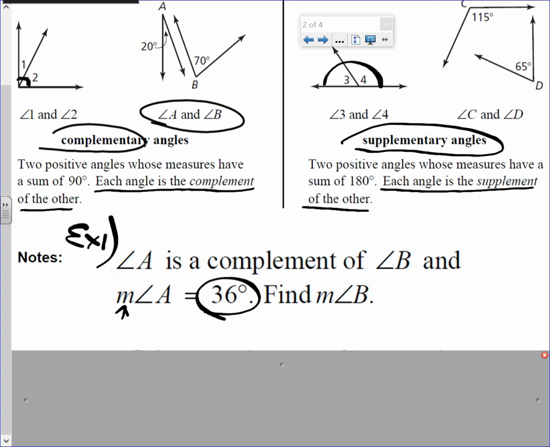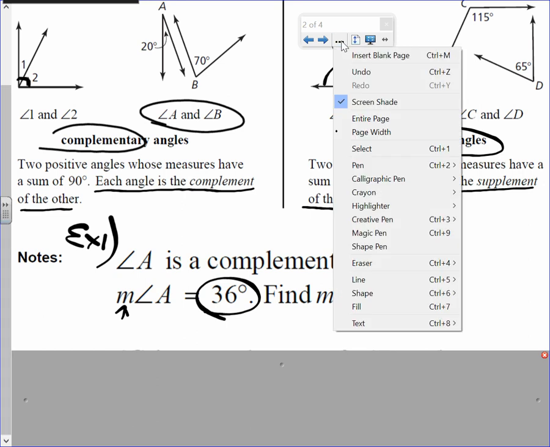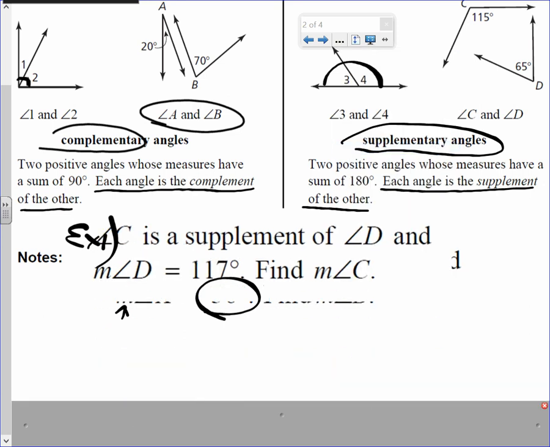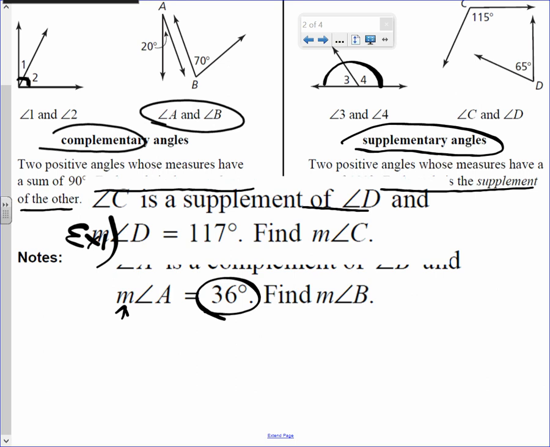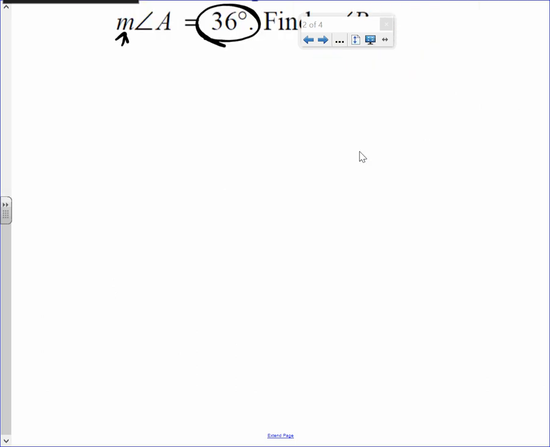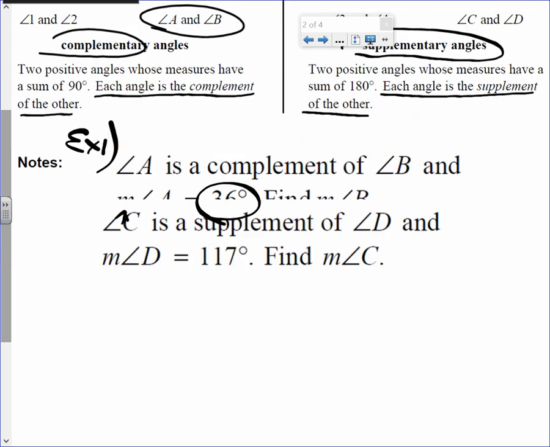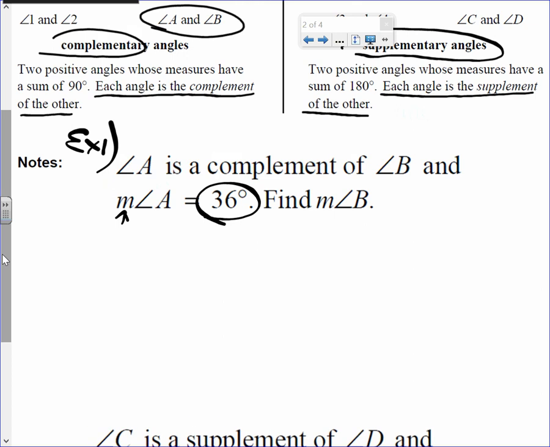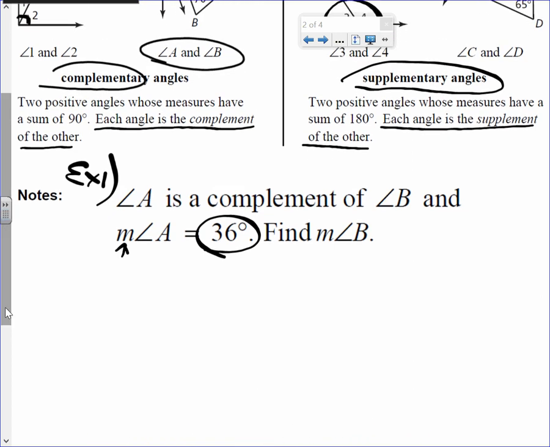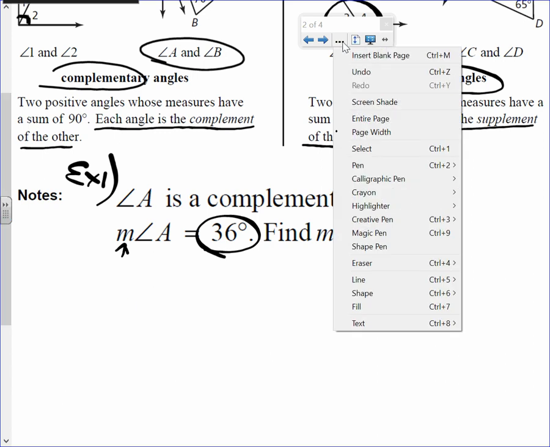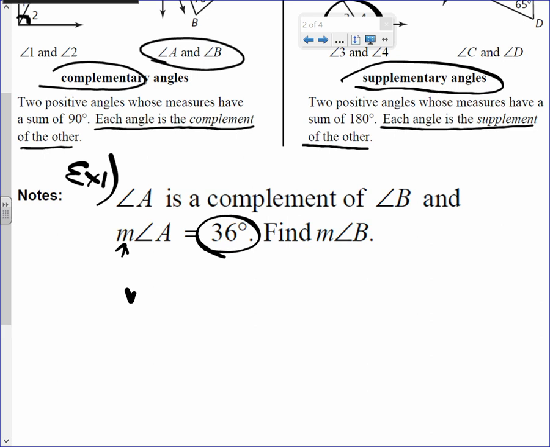Let me put this example down here. All right. So I know that A and B are complementary, and I know this is to be the case. Write this with me. Here we go. The measure of angle A plus the measure of angle B equals 90 degrees.